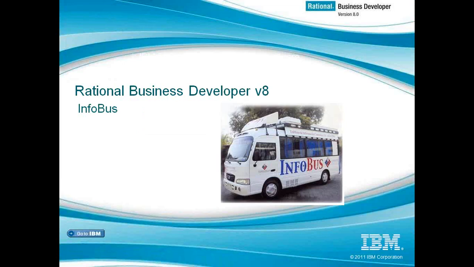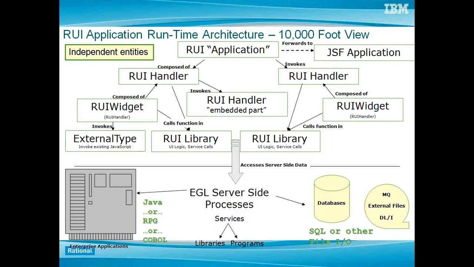We are starting with inter-rich UI communication. Here we have a concept of an info bus. A high-level overview and our example: let's say we have an application, and the application is using multiple rich UI handlers, and one rich UI handler has multiple rich UI widgets, and each widget is calling another handler or another widget.